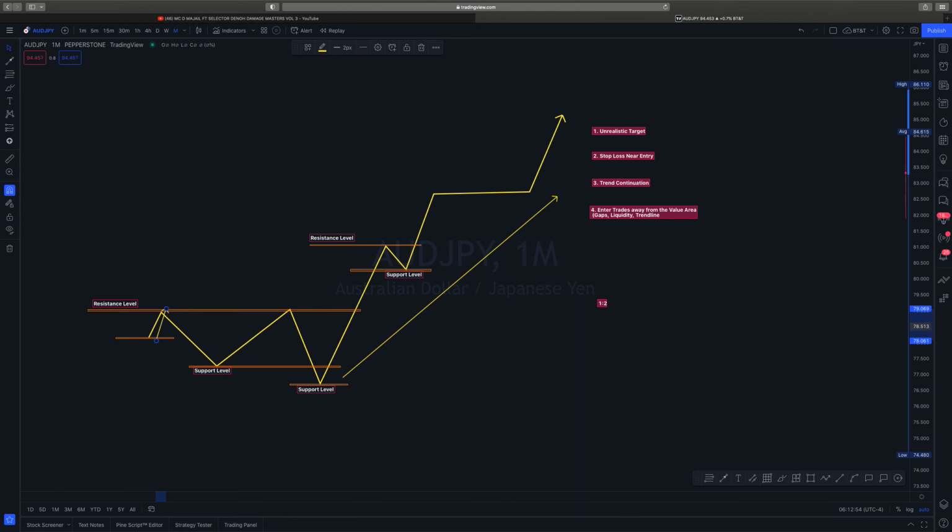There are people who will use the Fibonacci retracement tool. For example, if you enter the market from here, and this is your retracement tool, there are people who will want to put their stop loss either here or here, just to avoid being taken out of the market quite soon.